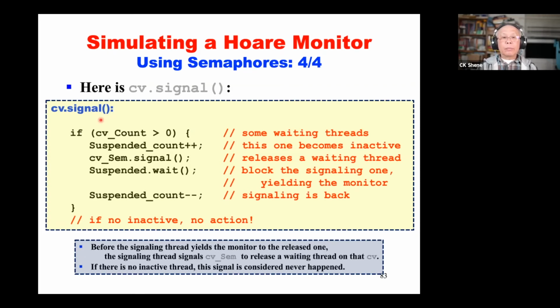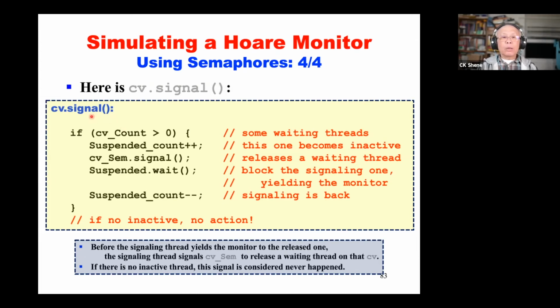Then, if there's no one waiting, the signal is simply lost. So here, always remember, we have the yielding of the monitor from the signaling thread to the released thread.